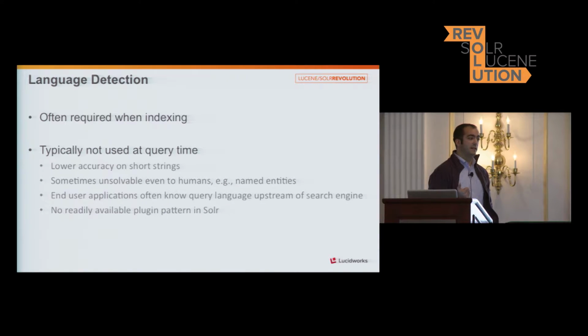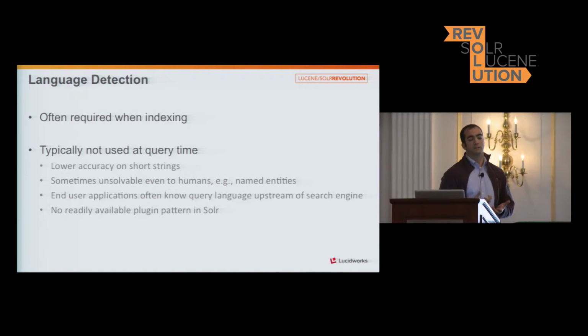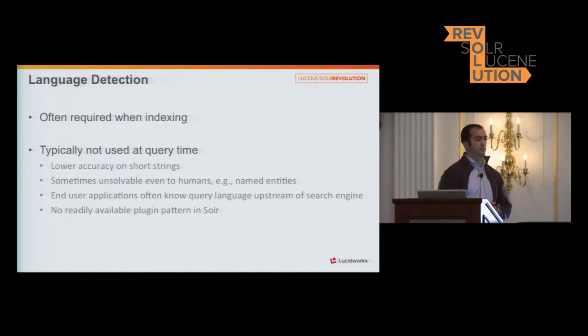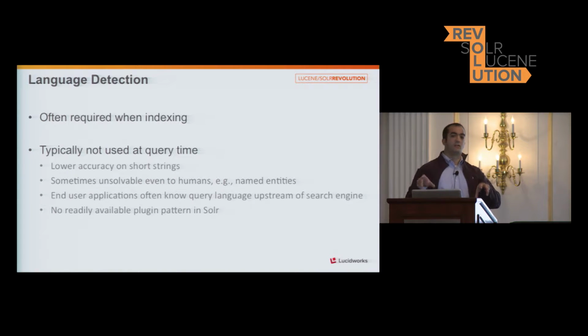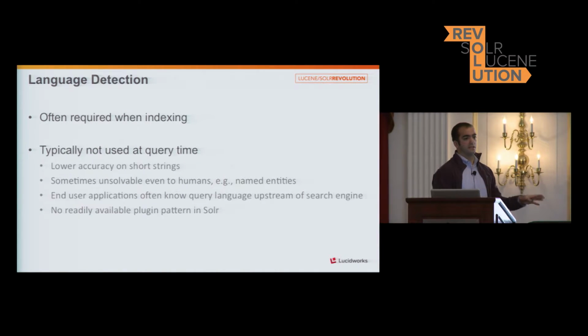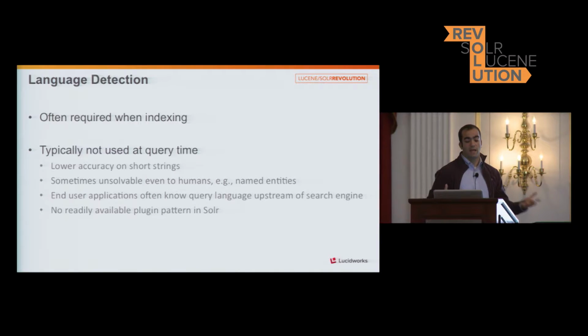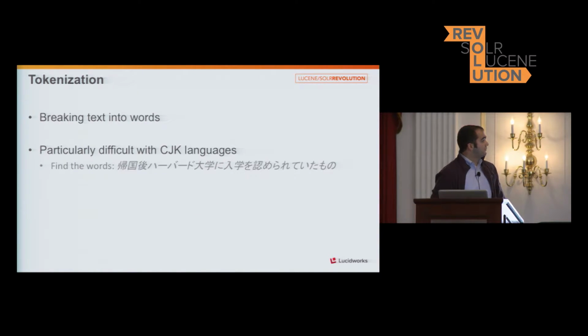So first off, that means index time, and second, really the job of language detection, at least as the pattern that the Solr community has defined it, is that you have a document with multiple fields, and you want to maybe look at multiple fields in order to determine the language of that document, and then you probably also want to write that language into another field. So because you need access to multiple fields, you can't accomplish that in a field type in general. So that's another reason.